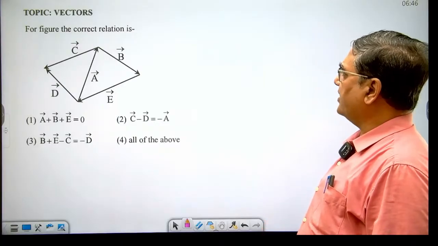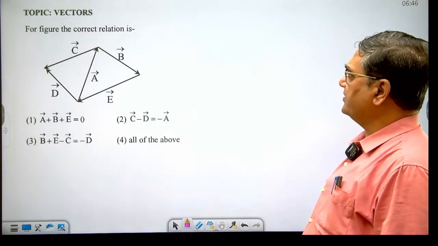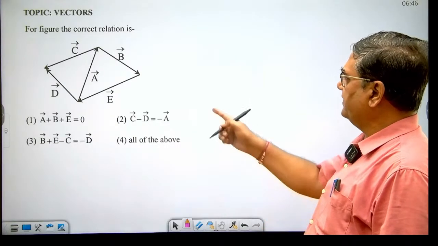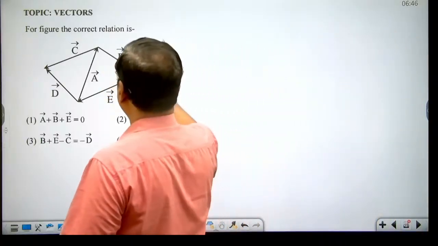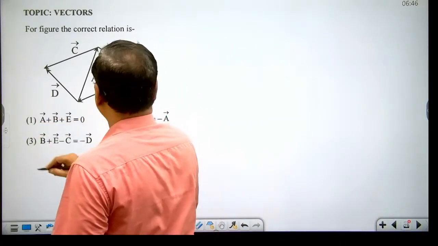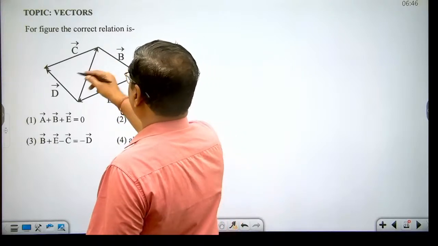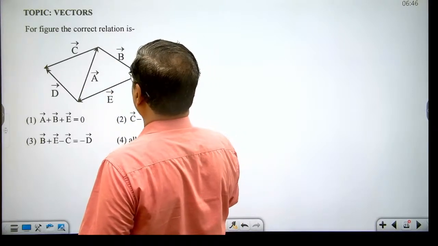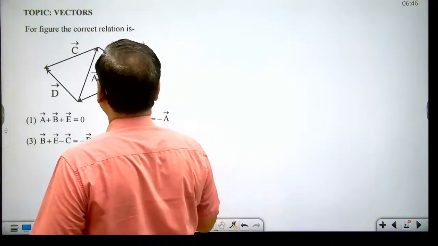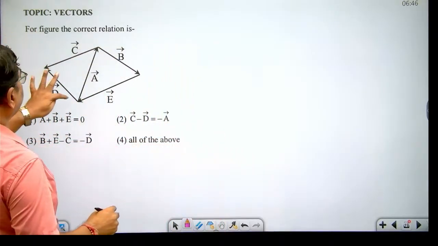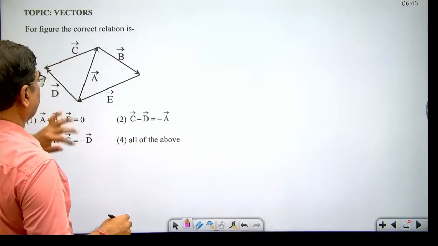For figure the correct relations, we will be using the triangle of vector addition, the principle of vector addition. A vector plus B vector plus E vector, definitely this is correct. C vector minus D vector equal to minus A vector, this is also correct.